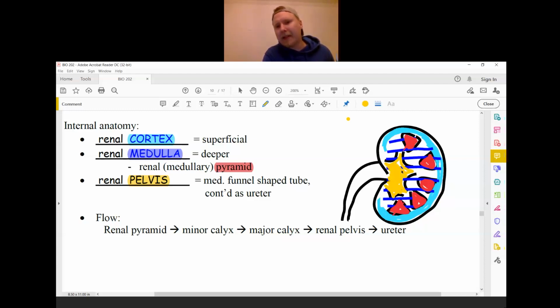And from the pelvis, this urine then leaves through the ureter towards the urinary bladder. And I've listed there also the flow of materials through the kidney, starting from the renal pyramids and ending at the ureter.